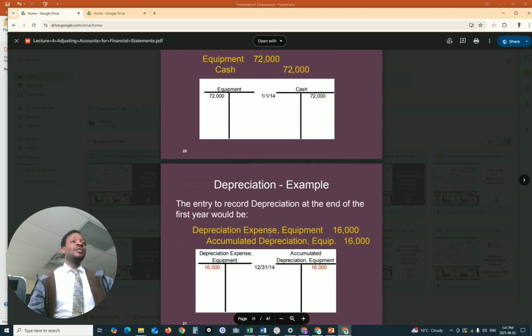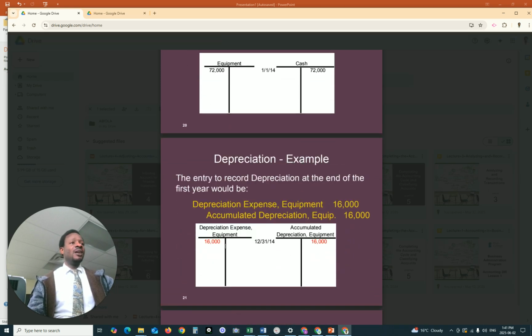So that means at the end of 1 year, the depreciation expense account would be debited by 16,000. It is an expense. It is using up something. Expense is cost incurred for using up, cost being used up in the process of delivering goods and services, or providing goods and services rather.